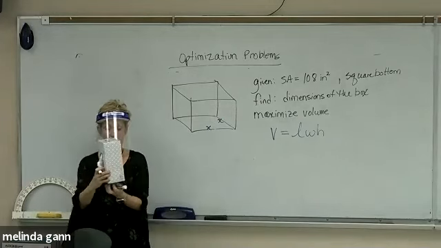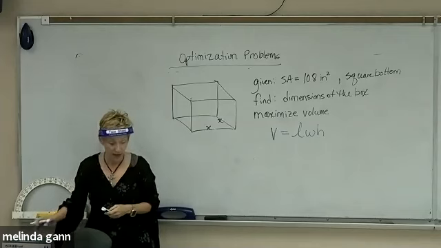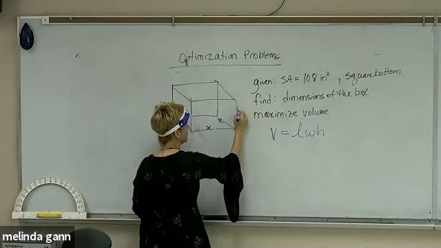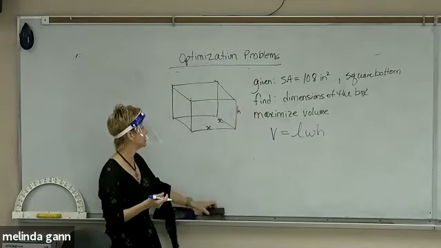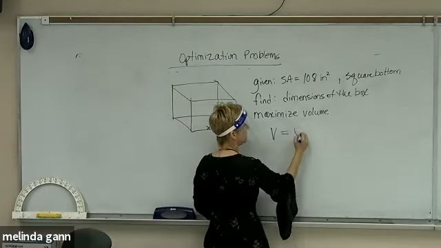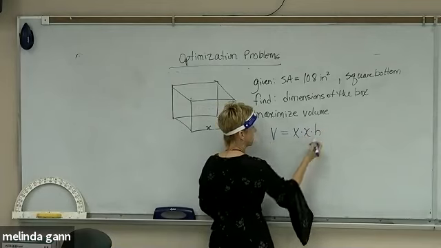Like on this one, the bottom's a square, but it's obviously not a cube. Okay? Now, you can put Y. I'm going to put H just because they use H in your book, and you can follow the book if you get lost on something. But Y is just as good. So do we understand my volume would be what? X times X times H.